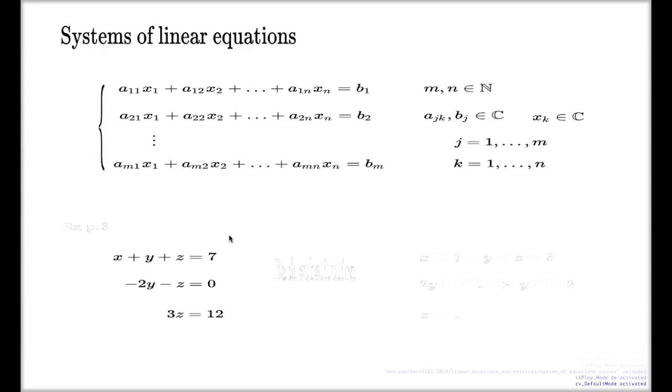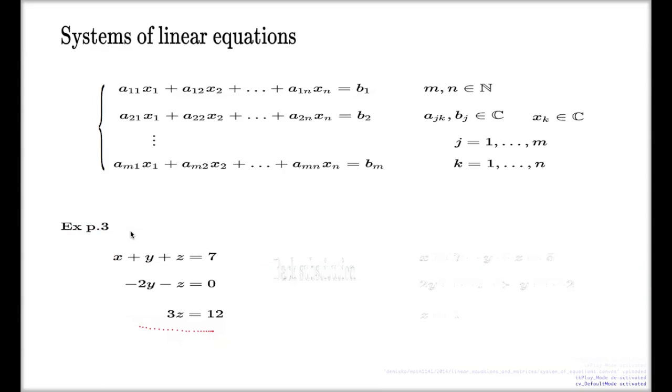This is a kind of system which I call informally triangular. The advantage of having such a system is that we can easily solve it. It's an immediate computation, immediate steps which will give you the solution. So the objective of the Gaussian elimination method is to convert any system like this to a system of this type.